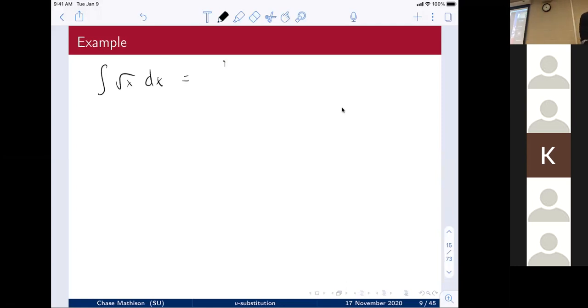So what's going to help us a ton here is to rewrite this like this. The integral of x to the 1/2. So what is the antiderivative or the indefinite integral of x to the 1/2?